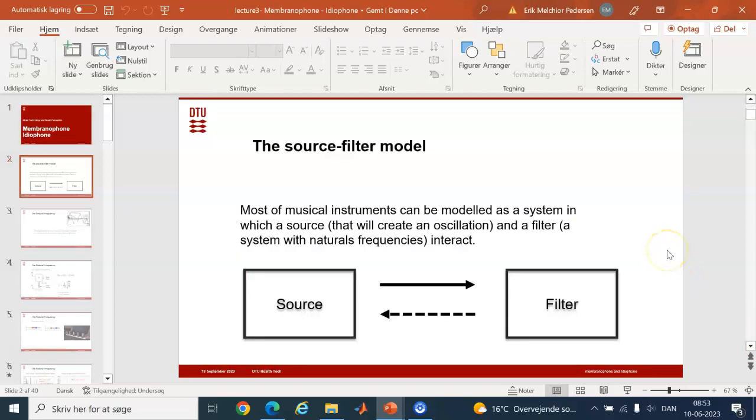The source filter model. Most musical instruments can be modeled as a system in which a source creates an oscillation, and a filter, a system with natural frequencies, interacts with it.